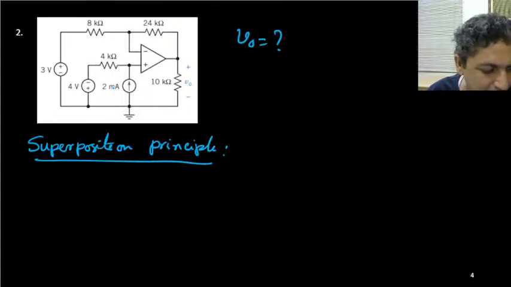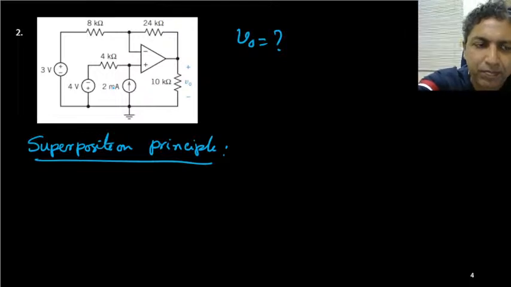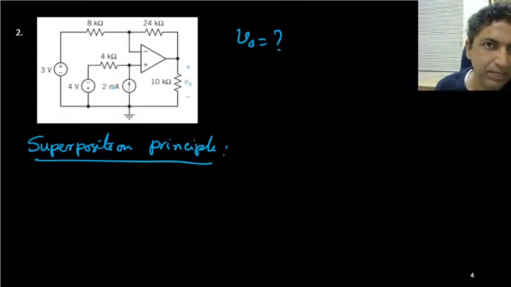So for this one, we can find out the output potential V naught. So can you find this V naught? So quickly in one line we can solve it.